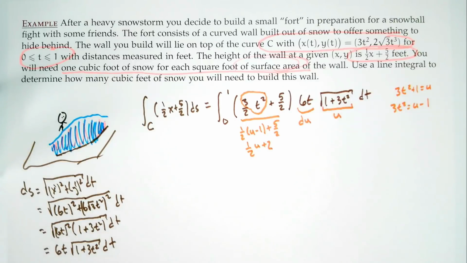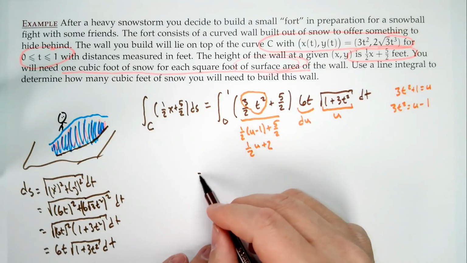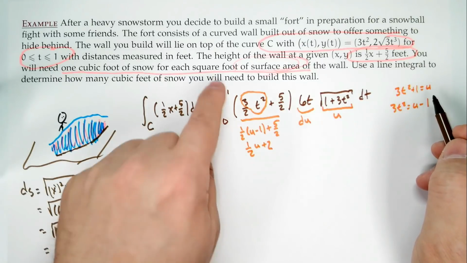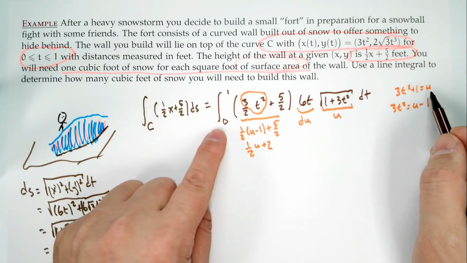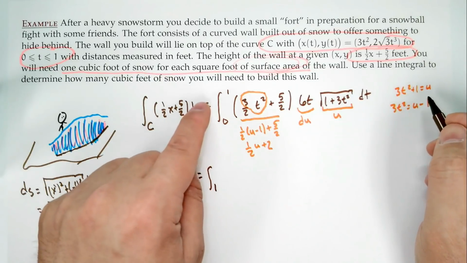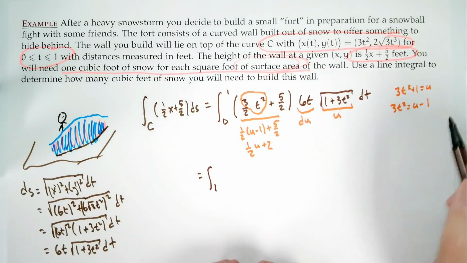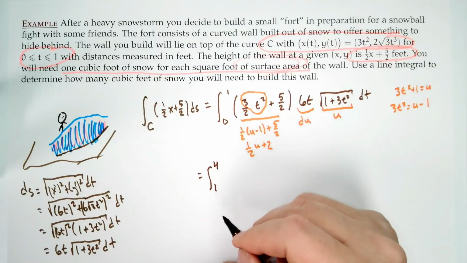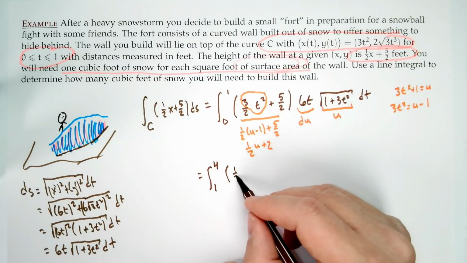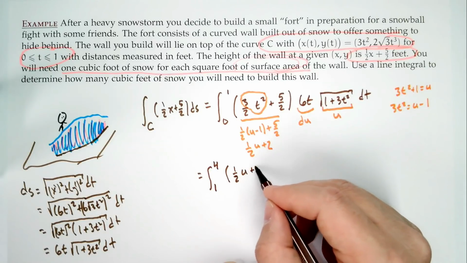So, if we do this substitution, what do we end up with? Well, we're going to end up with the integral. We update our bounds. So 0 and 1 were our old bounds. So we plug in t equals 0, and we're going to end up with 1. Plug in t equals 1, we're going to end up with 3 plus 1, which is 4. And then we're going to have 1/2 u plus 2.